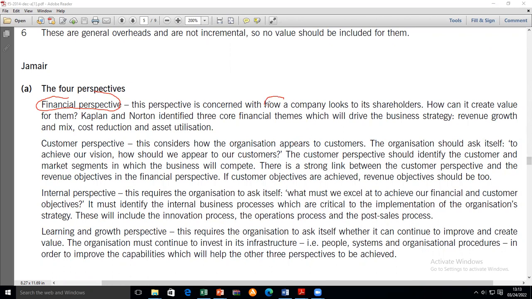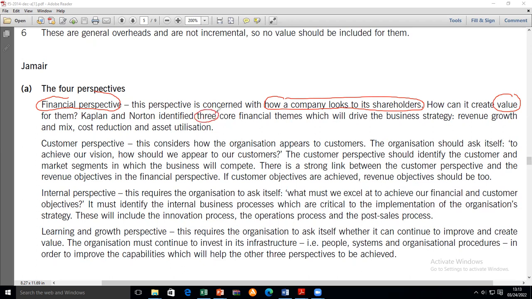How does a company appear in the eyes of the shareholders? So we're looking at a company from the shareholders' point of view. How can we create value for our shareholders? What should we monitor?